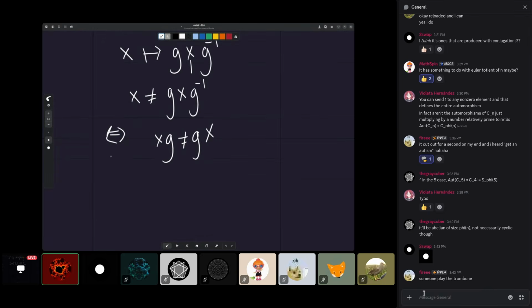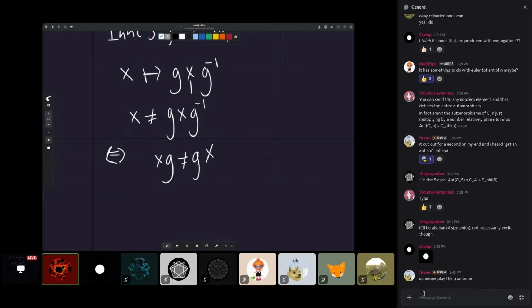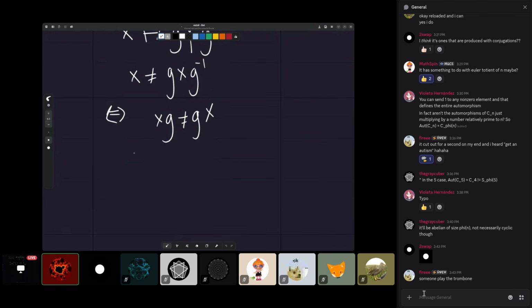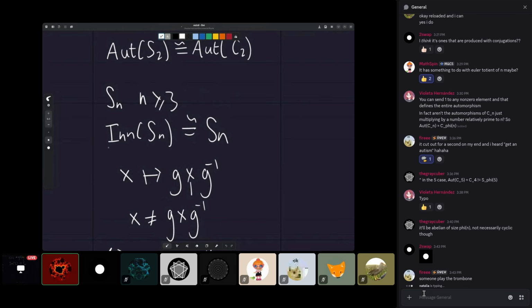The set of things which commute with everything is called the center, which is denoted Z. If you're not familiar with it, don't worry, the size of this is 1, because obviously the trivial element always commutes. Anyway, all that is to say, we have this for n bigger than or equal to 3.